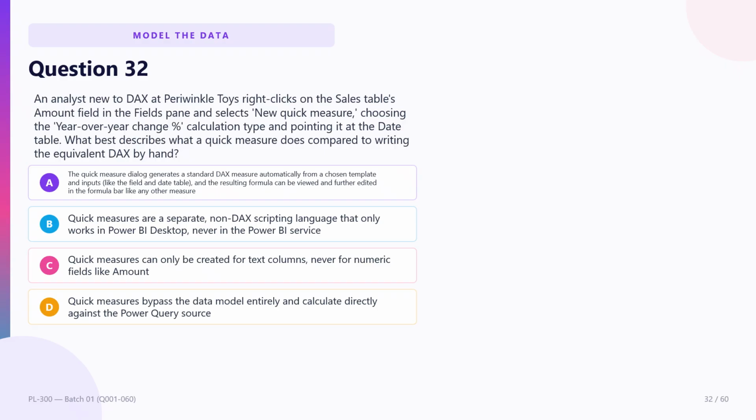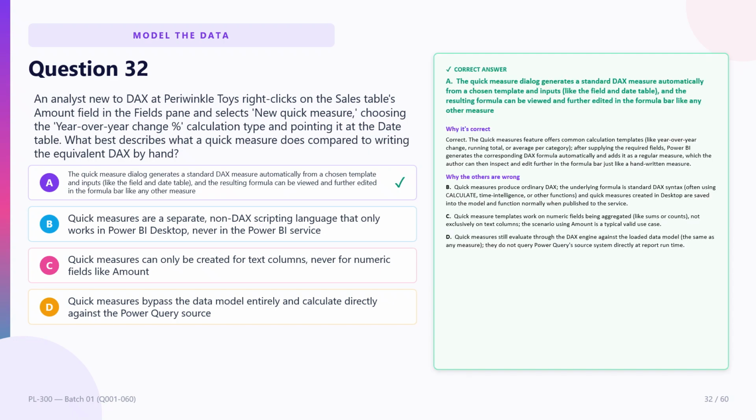Option A. The quick measure dialog generates a standard DAX measure automatically from a chosen template and inputs, like the field and date table, and the resulting formula can be viewed and further edited in the formula bar like any other measure. Option B. Quick measures are a separate, non-DAX scripting language that only works in Power BI Desktop, never in the Power BI service.